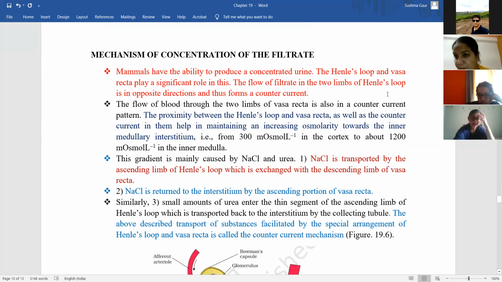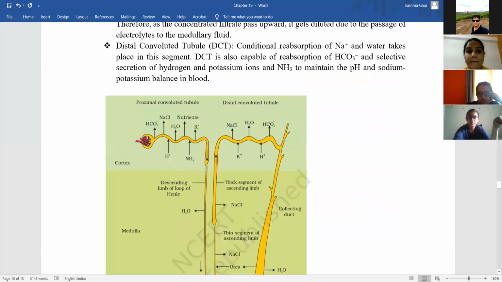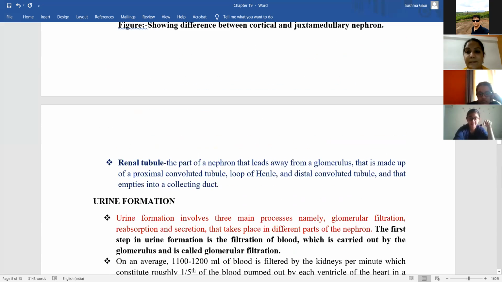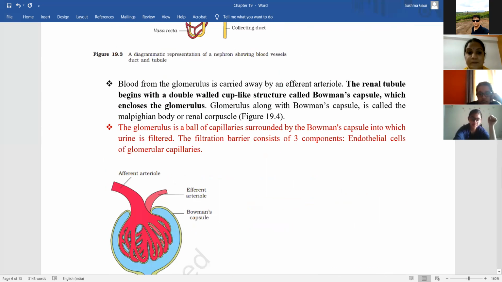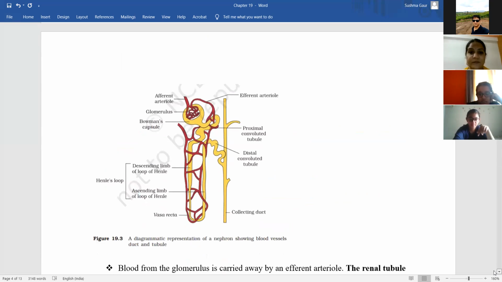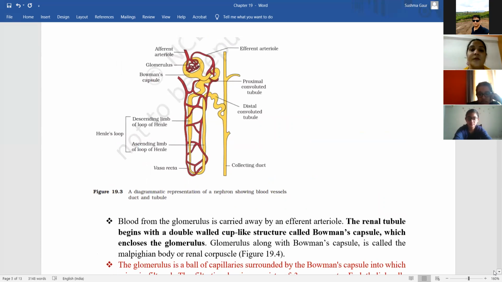Ma'am, I actually had a doubt. In the diagram of the nephron, they have marked the vasa recta as arterioles. But the definition they have given is that vasa recta is the U-shaped bend. But then in the book diagram, the vasa recta has been marked as the arteriole near the bend.